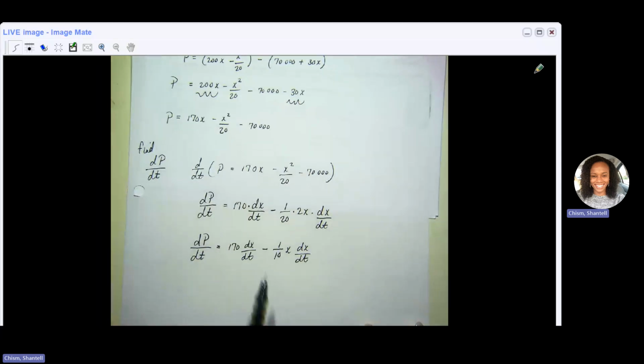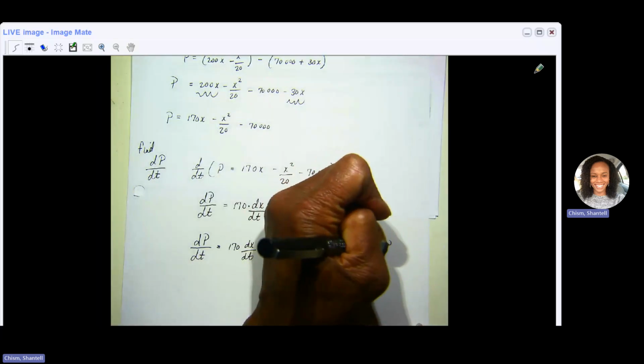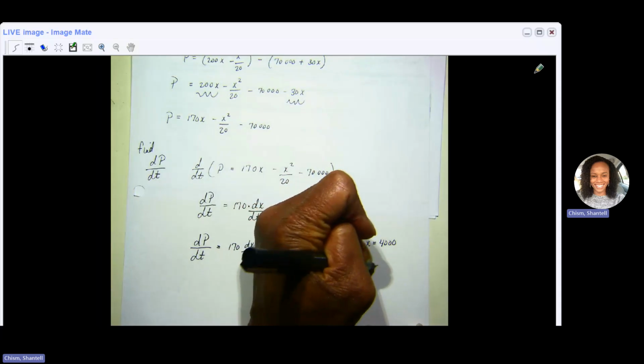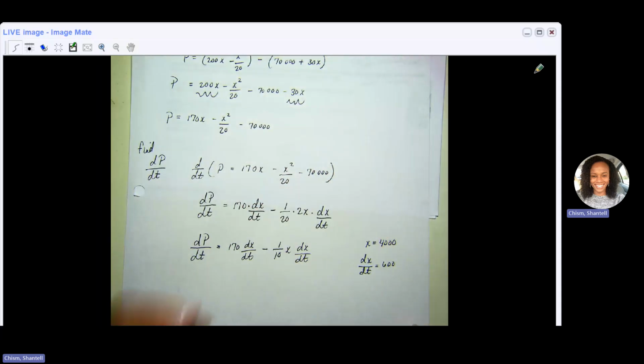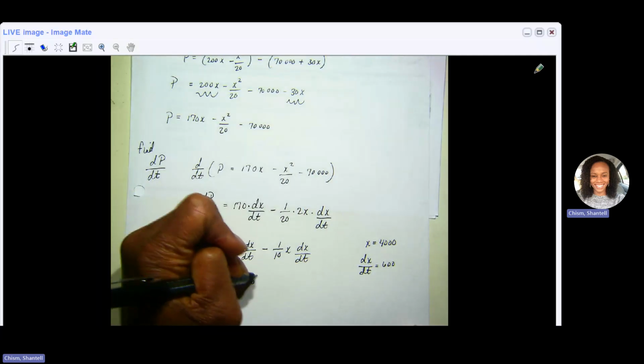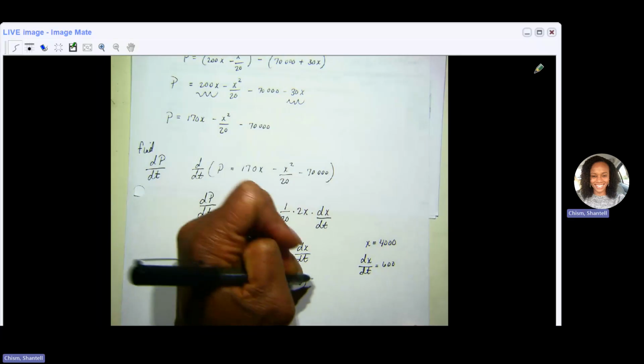So I have dx over dt, and I have x. So I've got to plug these values in. So we know x is 4,000. It was given to us in the problem. And we know dx over dt is 600. So we're going to plug in these numbers. 170 times 600 minus 1/10 times 4,000 times 600.